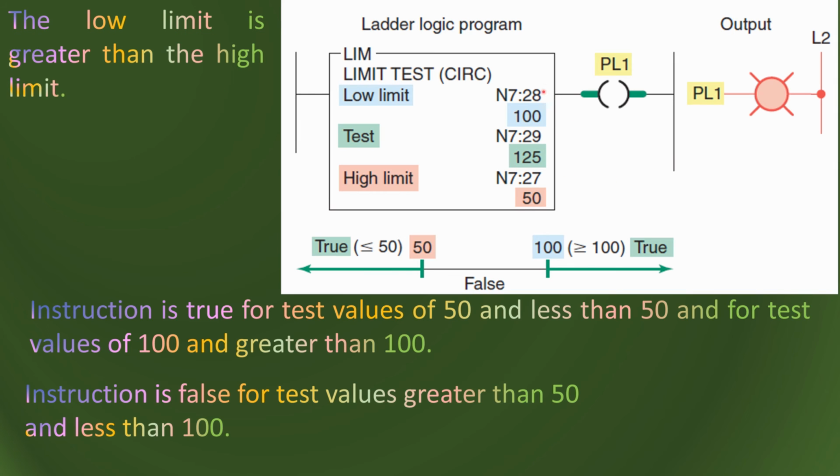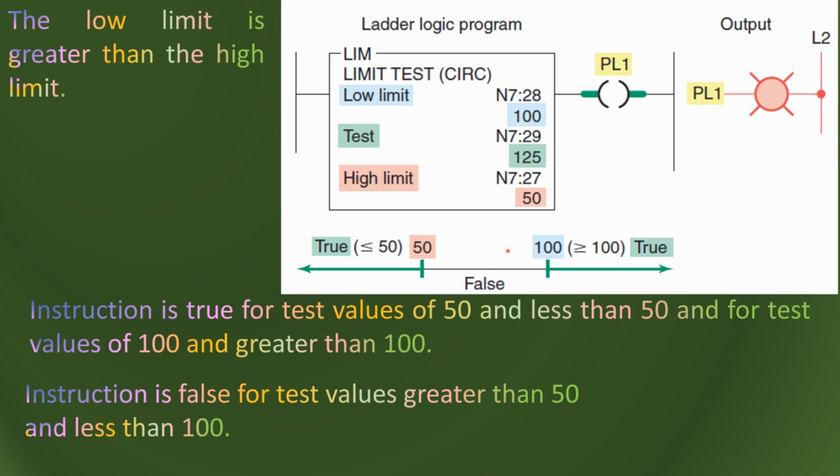So to create the situation in which the lower limit is greater than the higher limit, originally the false will be between 50 and 100. But if the test value is greater than 100 or less than 50, the rung will be true.